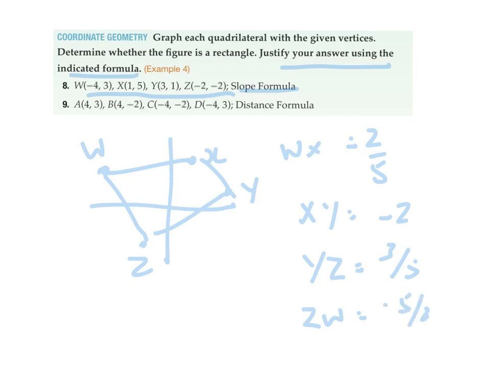Okay, and as you can see, none of the slopes match, because if it was a rectangle, WX and YZ must have the same slope, and WX and WZ would have the same slope. Well, none of these guys have, but you've still got to answer the question. The answer is no.